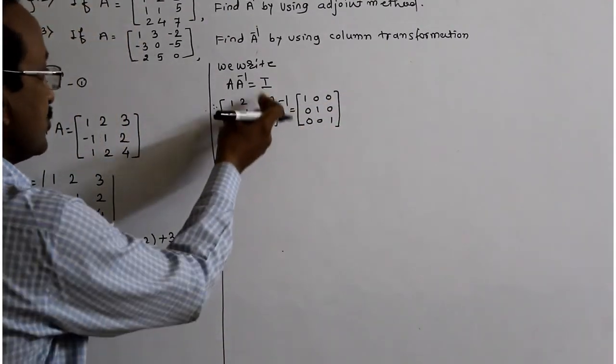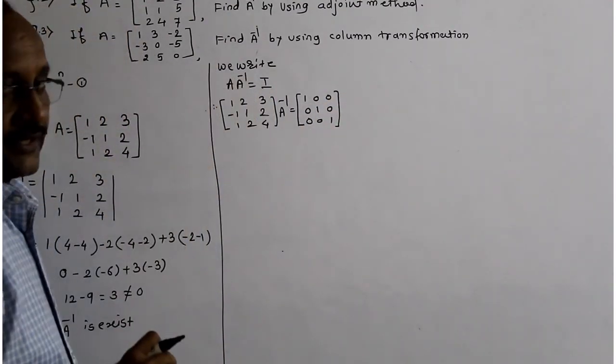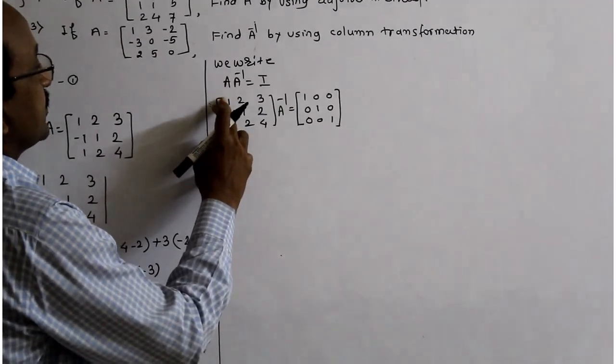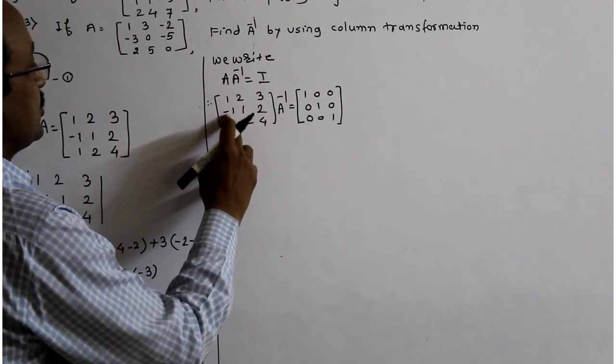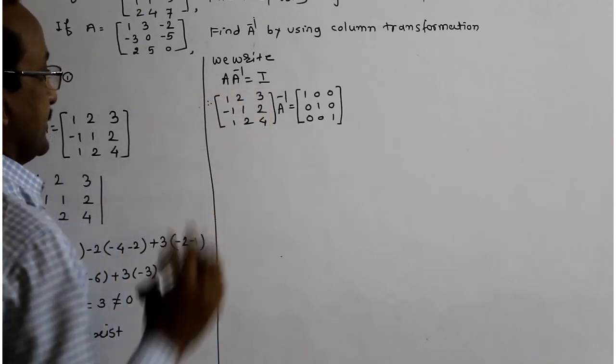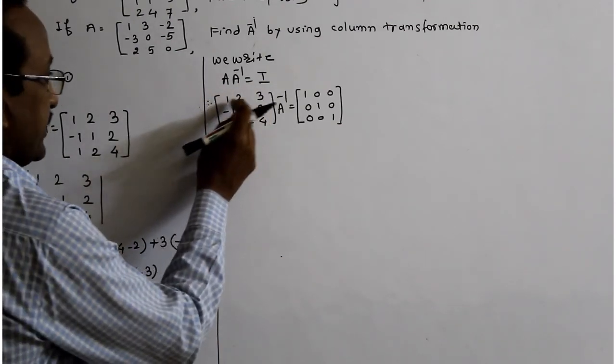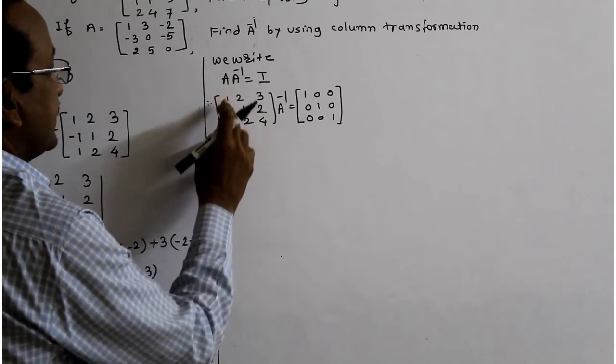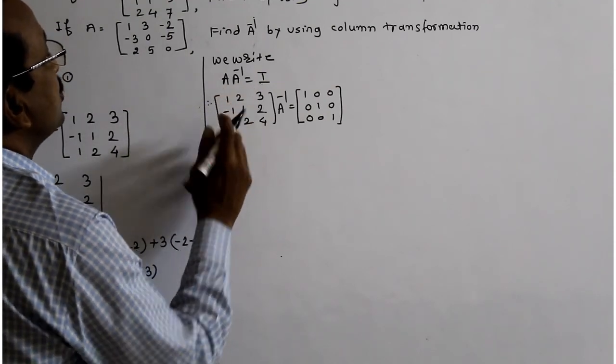Now reduce this matrix to the form of identity. It means first make this 1, then get these two zeros, then 0, 1, 0, and 0, 0, 1. But in this, 1 is already present here. Then how to make this 0 here?